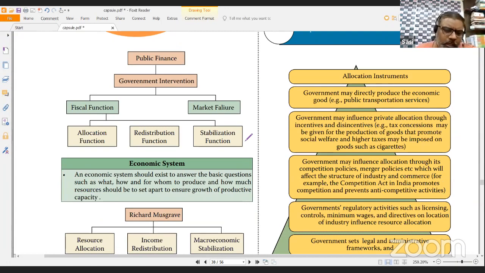And Richard Musgrave has been phenomenal in introducing this concept of government intervention, which is important for markets also. Because we cannot say that markets left on their own without government intervention will always work towards efficiency, which was the assumption earlier, which failed. Practically, that system could not sustain. Markets always have business cycles.